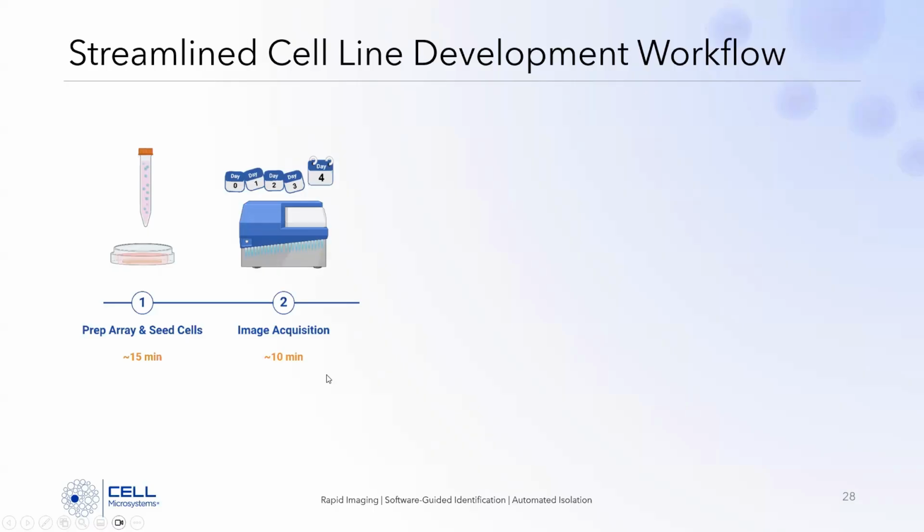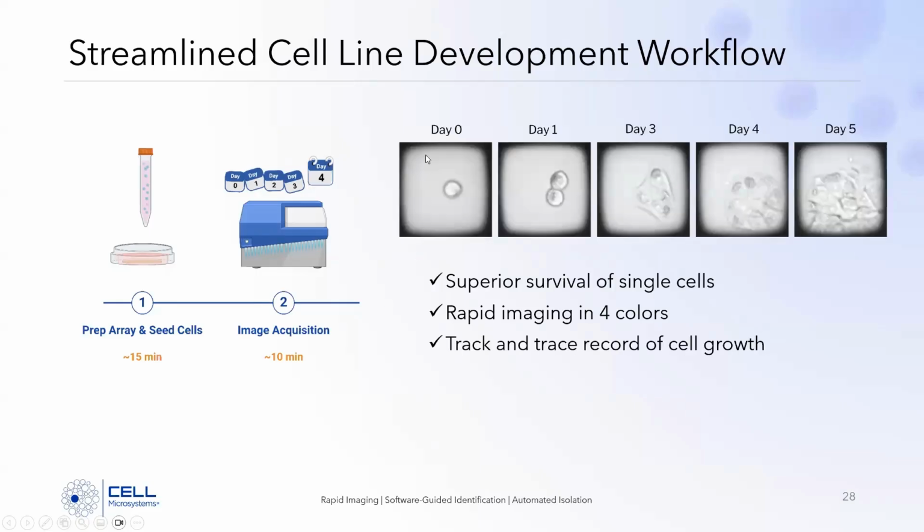As you saw in some of the previous slides, we are able to take time course images on the platform of every single position in the array, every single day, every single time, while maintaining spatial position accuracy. Imaging is very rapid. It only takes about 10 minutes, and we can do that in 4 colors. You can see what this looks like here for that track and traceability I've shown you several times before.